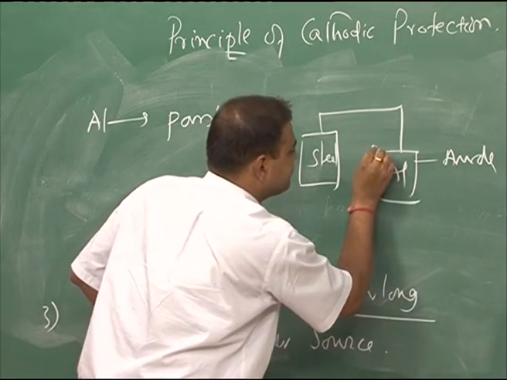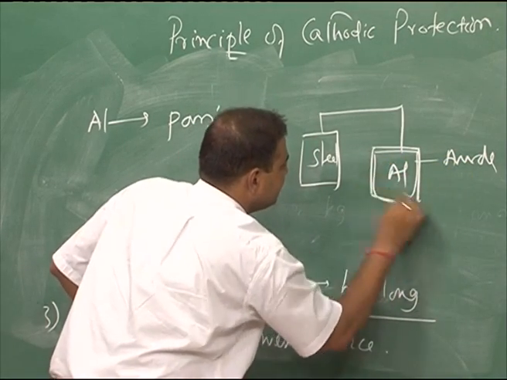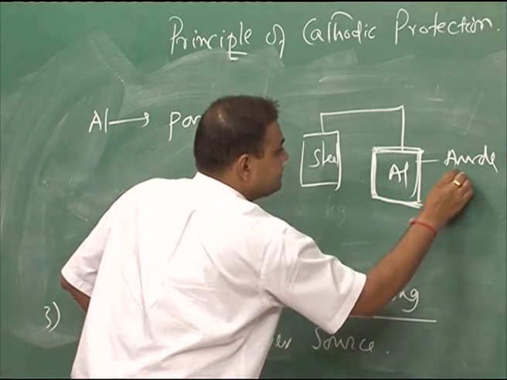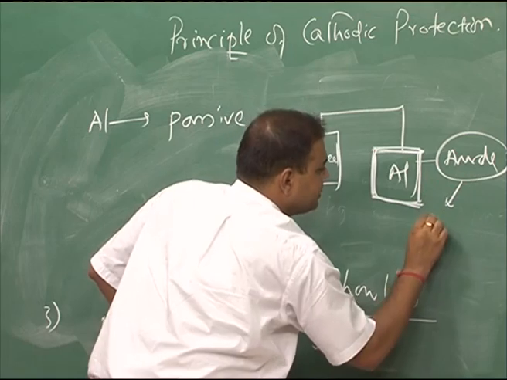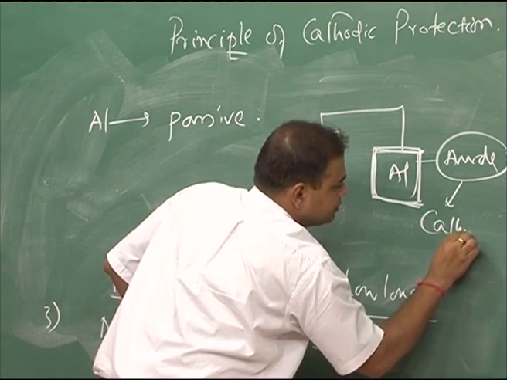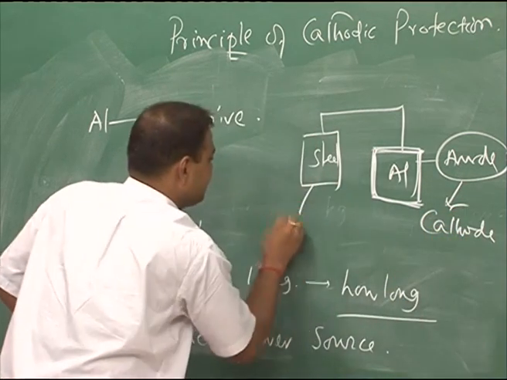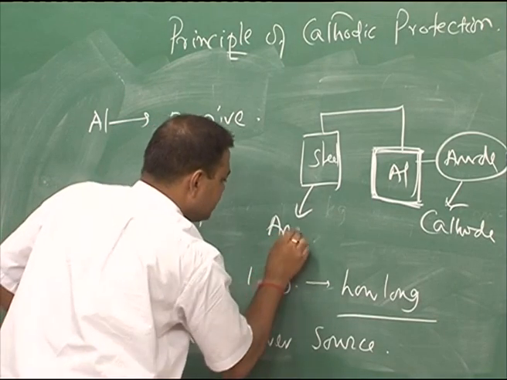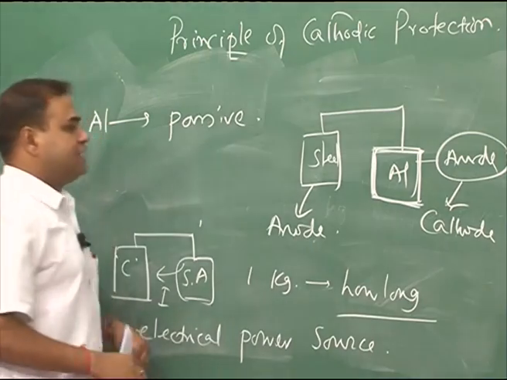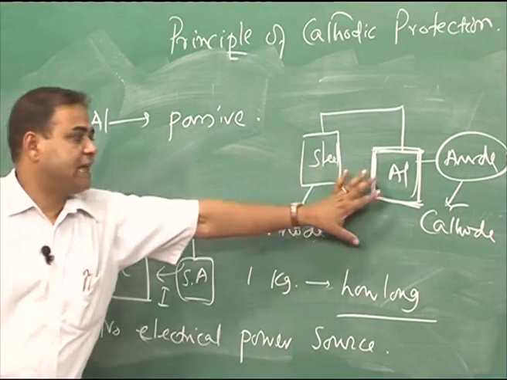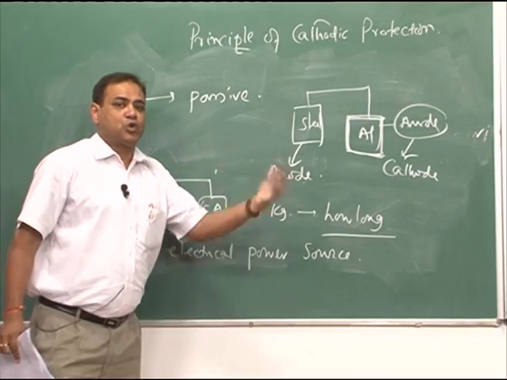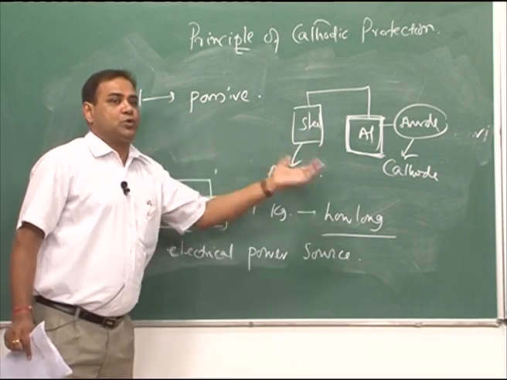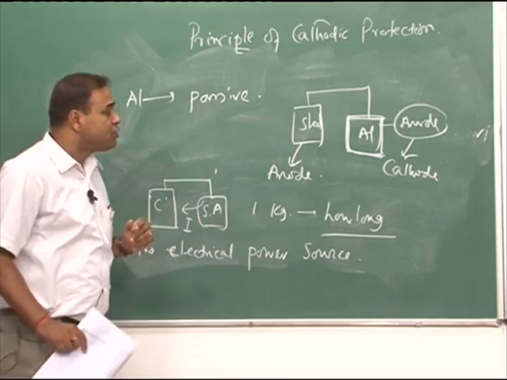Now, if we have a passive layer on top of this, since aluminum is a highly passivating metal, in that case instead of anode, this will become cathode, and initially the steel was cathode, later it will become anode, and we all know that the anode material in a galvanic couple corrodes. So, instead of getting protection, this will corrode. So, what should we do?